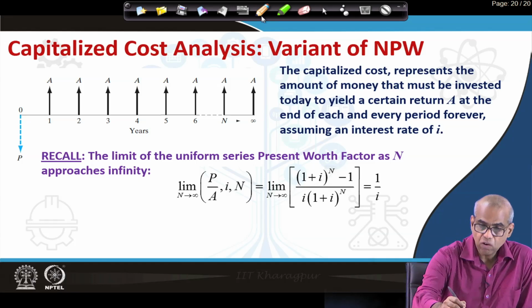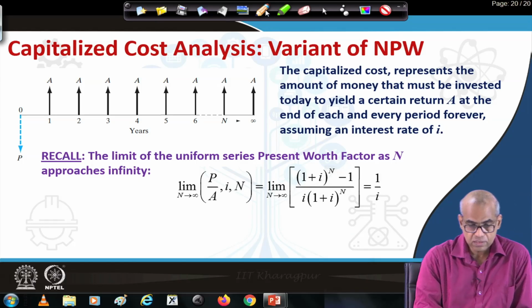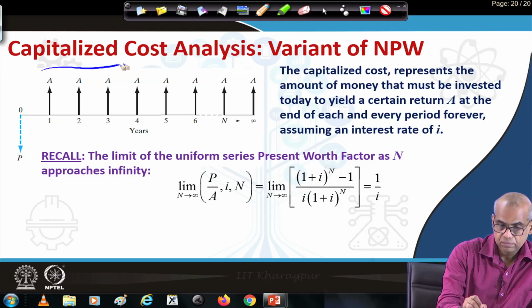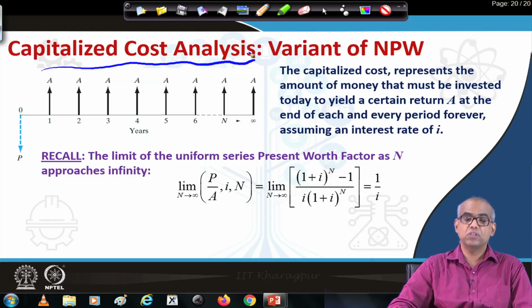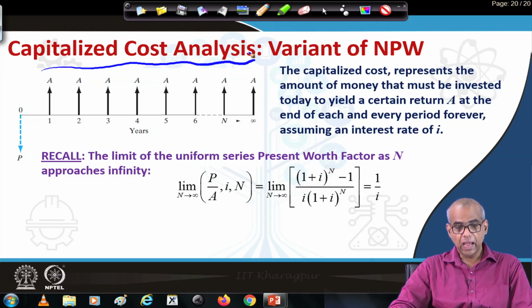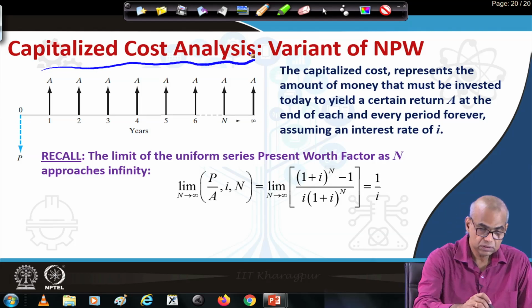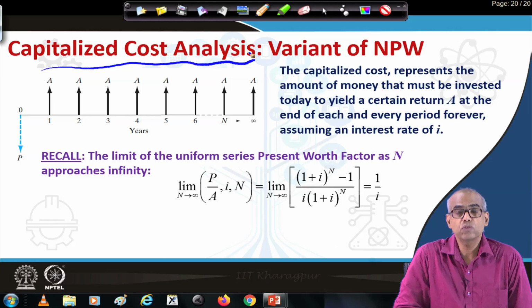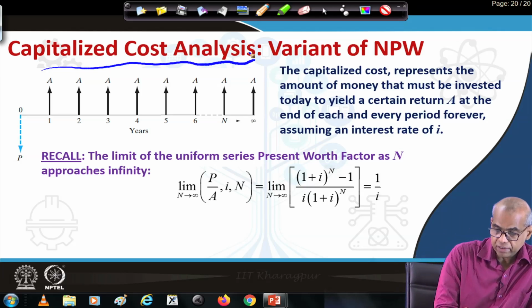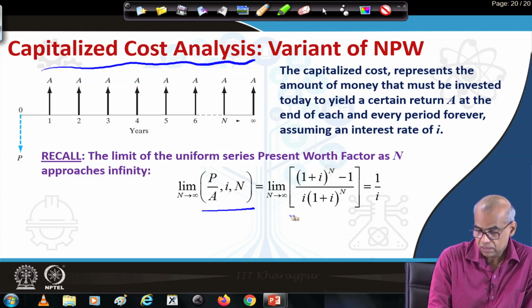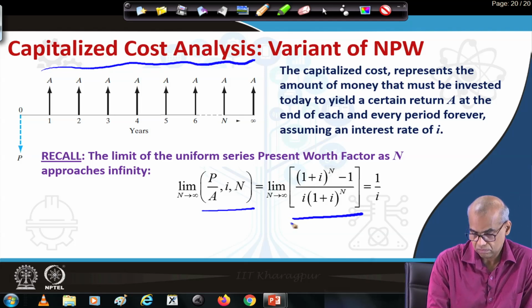You will recall that this is nothing but the uniform payment series, and P is nothing but the present worth of the uniform payment series, where the uniform payment is A and the interest rate is I. So, this P by A factor is nothing but this.